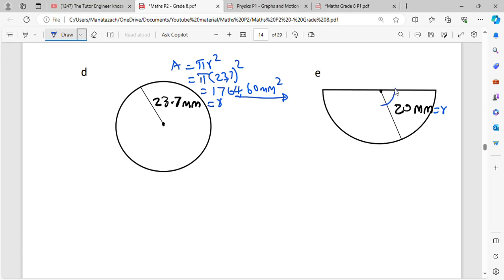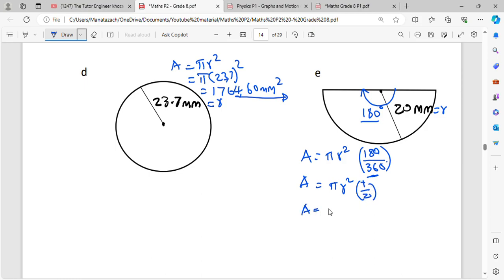So the semicircle has a revolution of 180 degrees, which means you can rewrite your formula for area as pi r squared times half a revolution of 180 divided by the full revolution of 360. You can simplify this further, since 180 divided by 360 is 1/2.